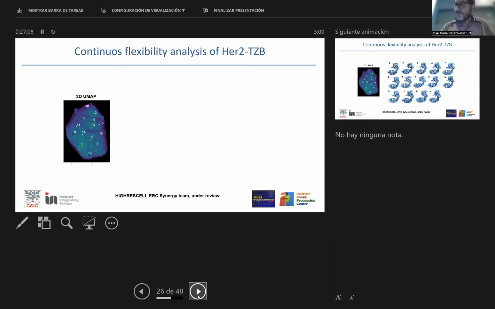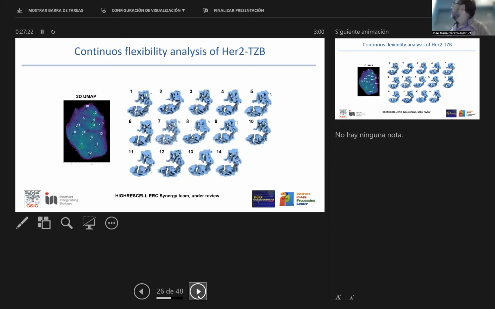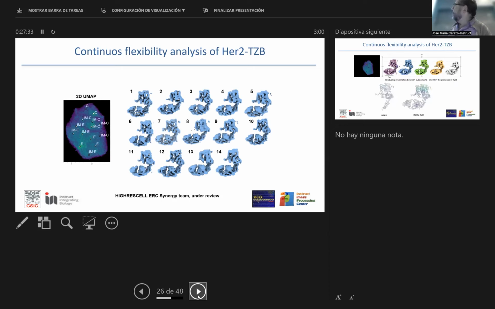Well, it was complex because there were no clear classes. When we did this flexibility analysis, we found a quite continuous case, and we were just exploring this landscape of flexibility. We found that there was a sort of gradient between a compact and an extended conformation that would probably have been very difficult to get by discrete approximation, because there are not discrete classes here.